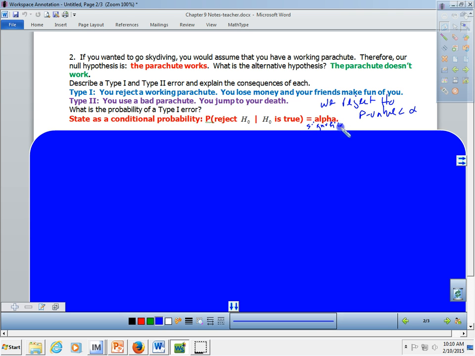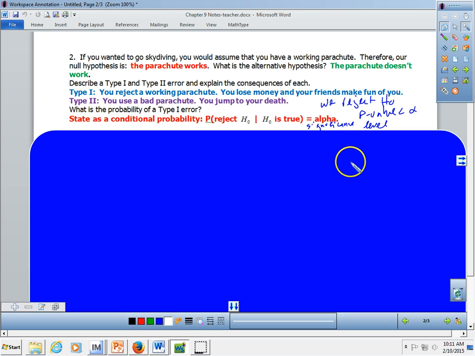Okay? So how do I want to limit making a type 1 error? I'm going to set a larger alpha, right? Oh, sorry, not a larger alpha, but a smaller alpha. A smaller alpha means that it's harder for me to reject H naught.